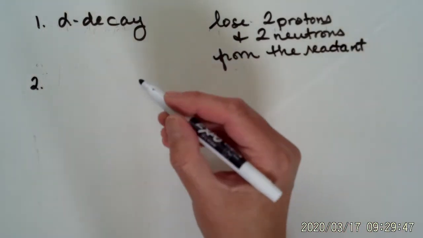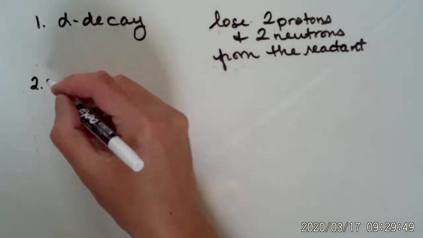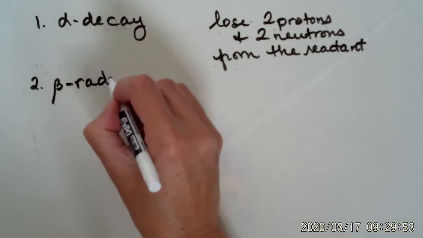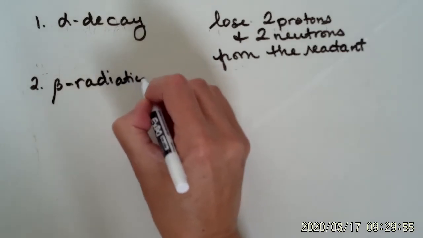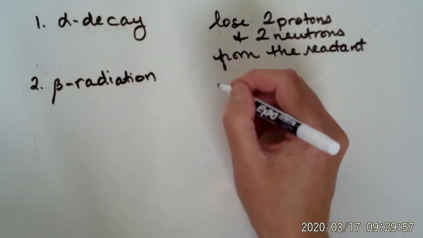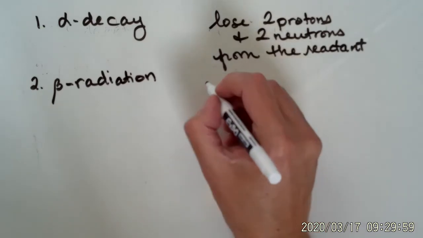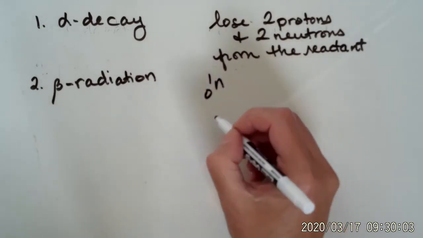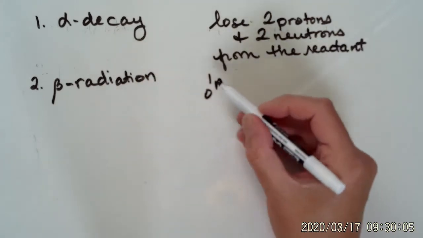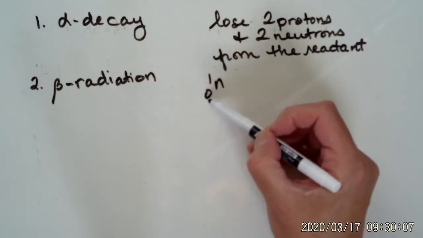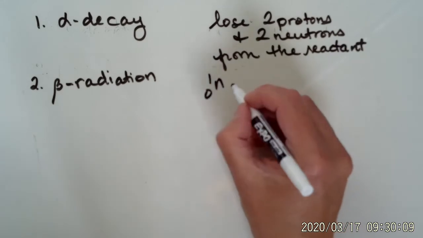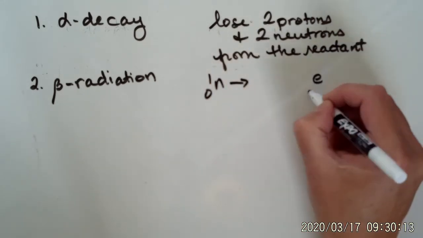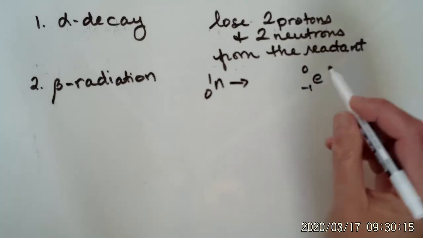When we look at beta radiation, I'm now going to use different symbols here. If I take something like a neutron, this is the symbol for neutron, no charge, mass 1, and it undergoes beta radiation.